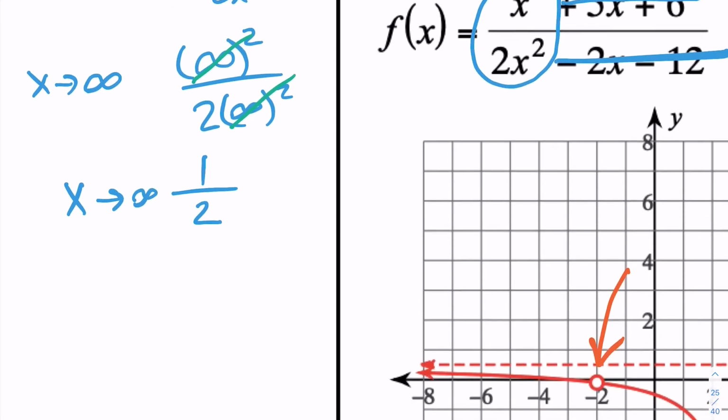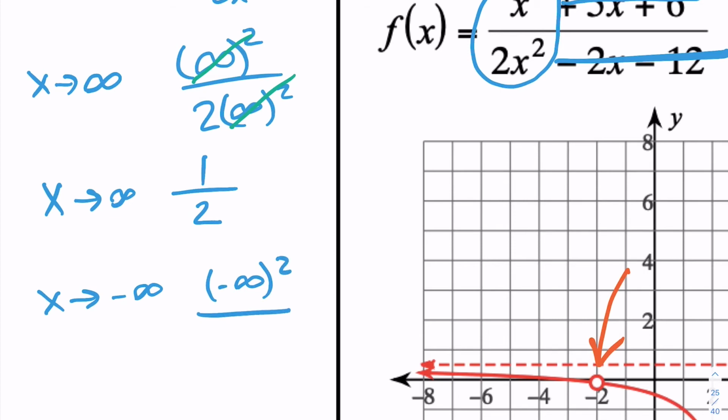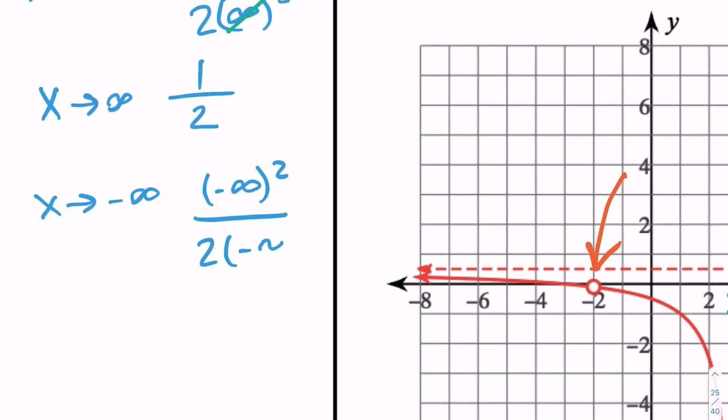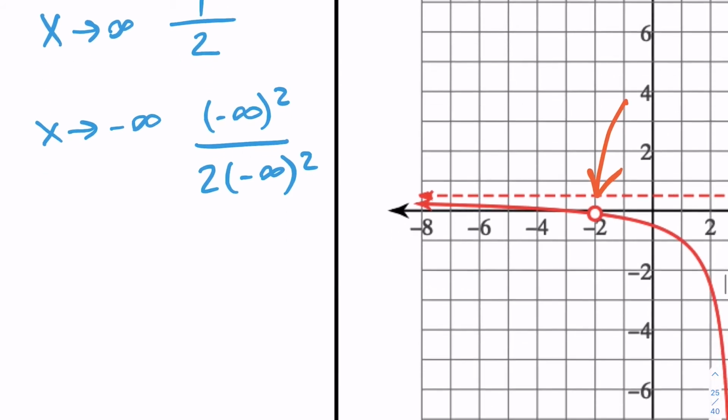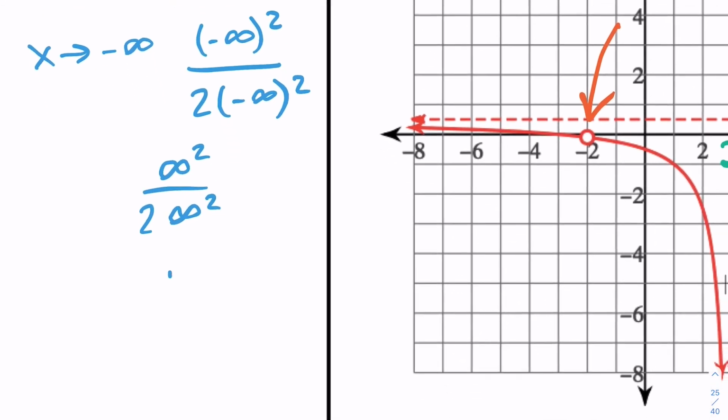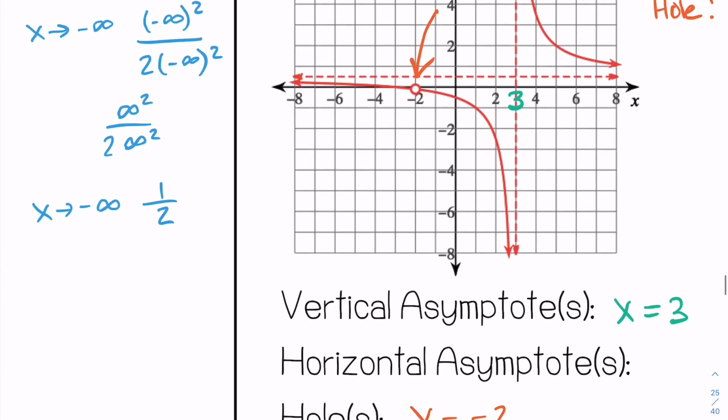Let's see what happens as x approaches negative infinity. I get negative infinity squared over 2 times negative infinity squared. Well, that's the same as saying infinity squared over 2 infinity squared, because a negative times a negative is a positive. Again, it's 1/2 as x approaches negative infinity. So what I just found is what we call a horizontal asymptote.